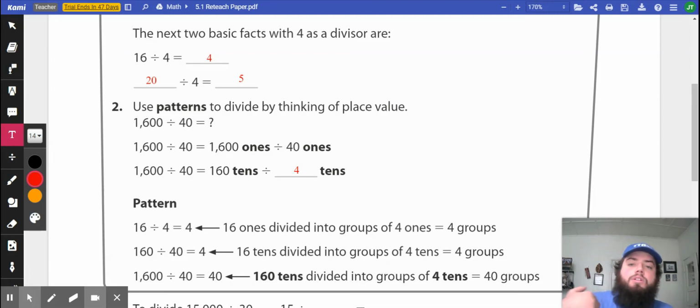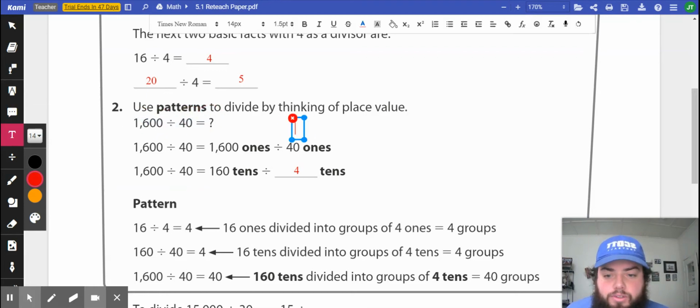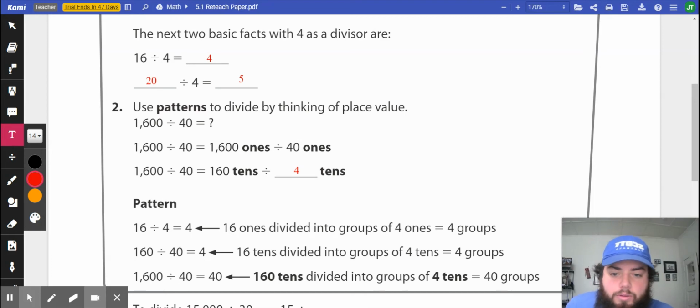Now, when we get to our overlying problem, which we were trying to figure out, which was 1,600 divided by 40, we would do 160 tens divided into groups of 4 tens. Now you'll notice that we went up a place value from our 16 to 160, but our 4 tens stayed the same.